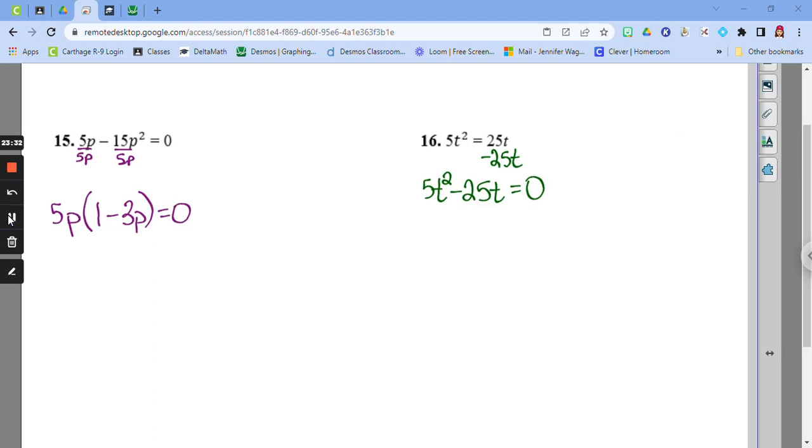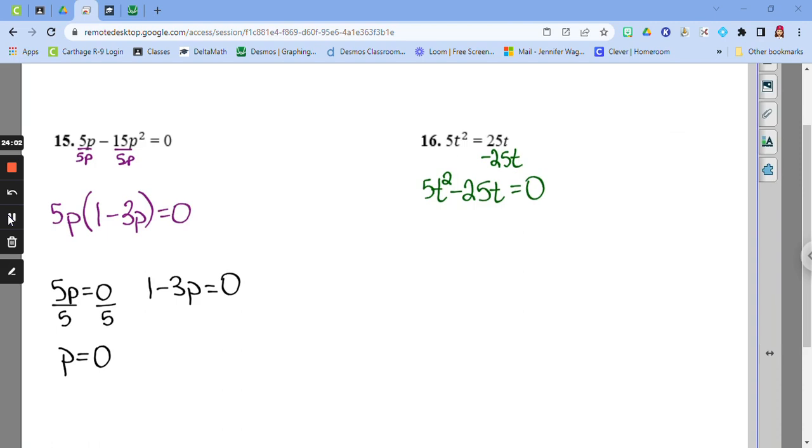Set each factor equal to 0. 5p is one of them. One minus 3p is the other. On the first one, divide both sides by 5. P equals 0.